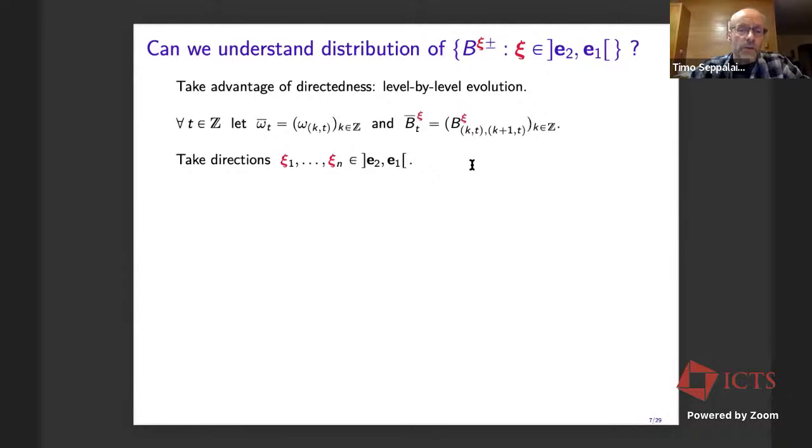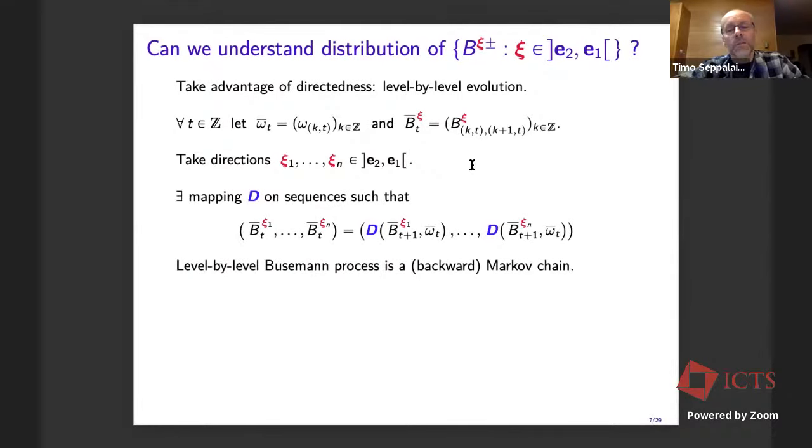So take now n directions, xi 1 through xi n, and imagine computing these Busemann functions. If you want the Busemann functions on level t plus 1, all you need are the weights at level t plus 1 and above, because you're computing the Busemann functions with limits that go northeast.